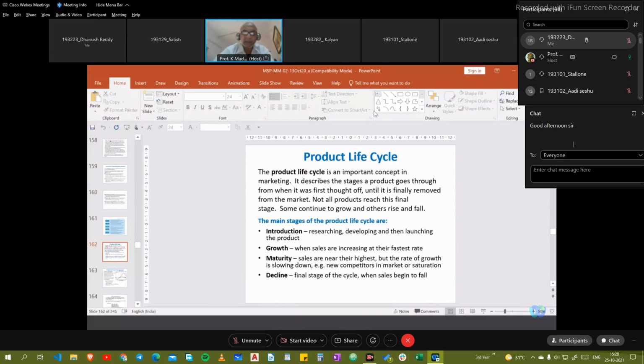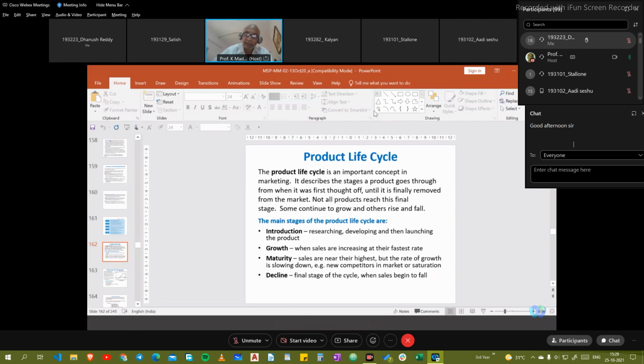And the length of life cycle may be varying depending upon the strategies that we follow, the type of products, the type of environment in which it is working, the various, we have been talking about the macro environment, the technology, changes in technology, changes in materials, changes in the lifestyles, changes in competition. All these things definitely affect the longevity of a particular product in the market as it is.